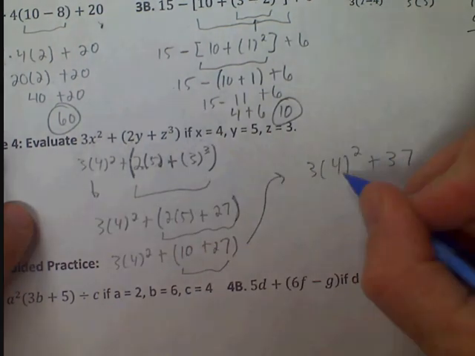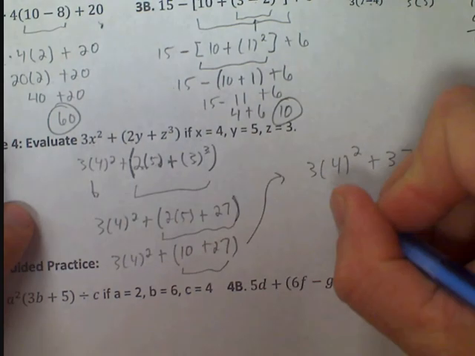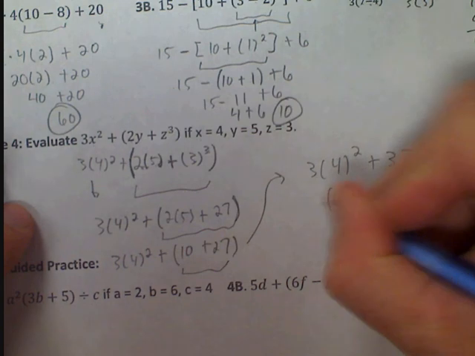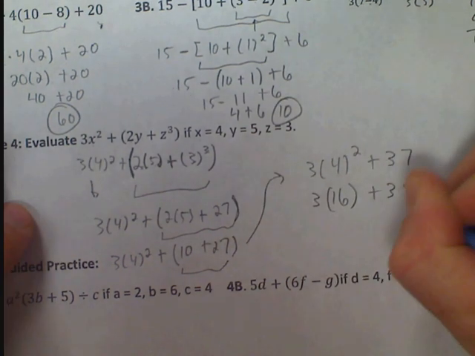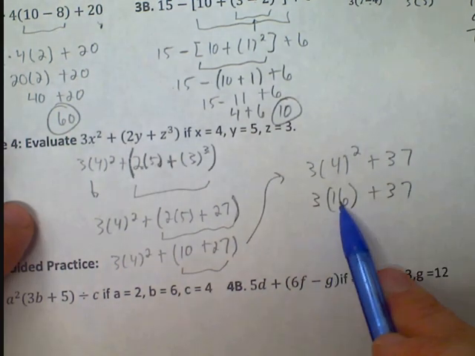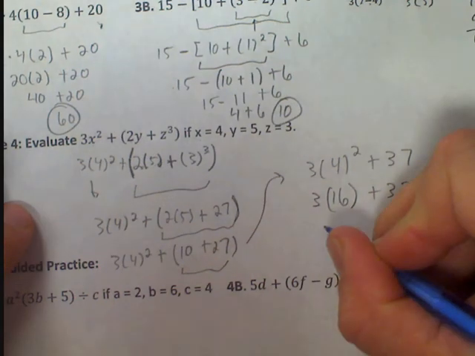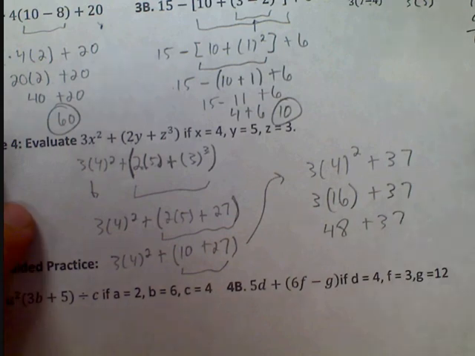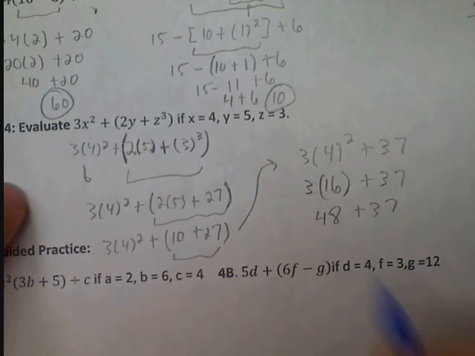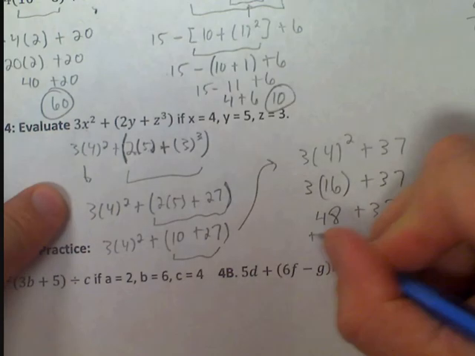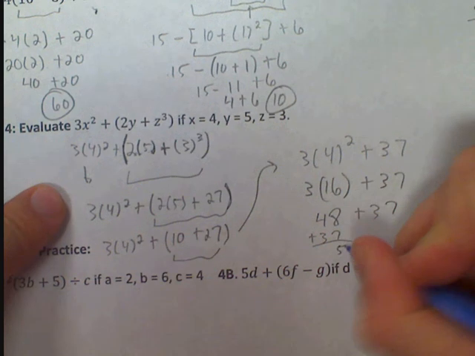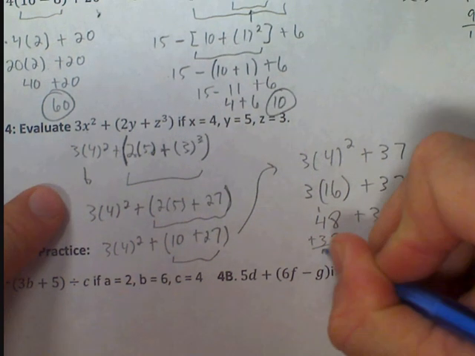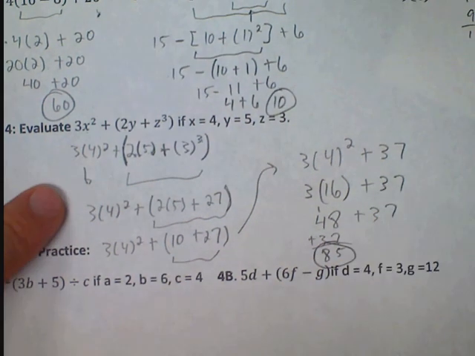So 4 times 4 is 16. 3 times 16 is 48 plus 37. Now I can add these. I get 85. 85 would be my result.